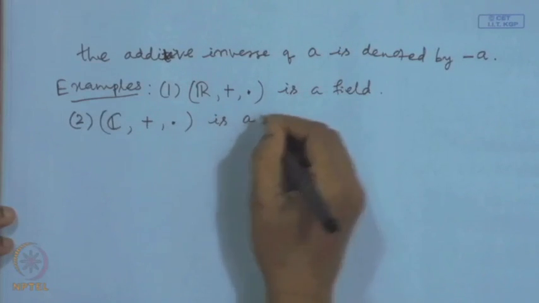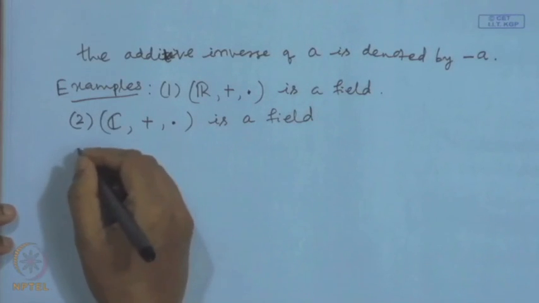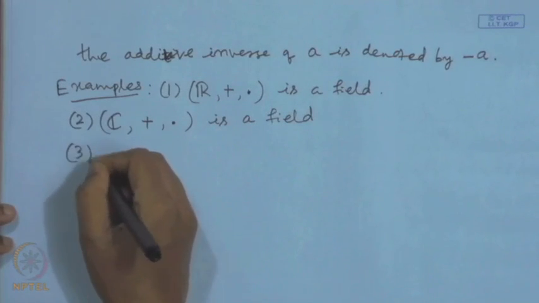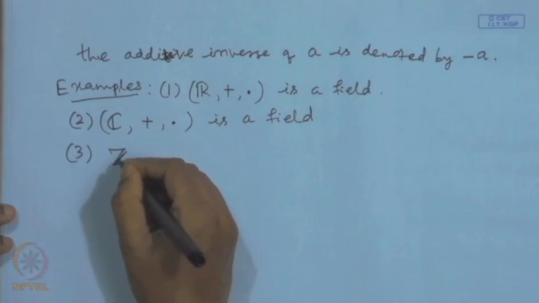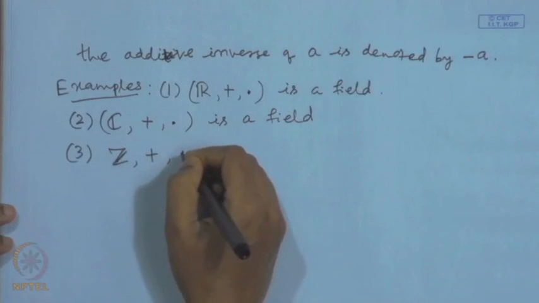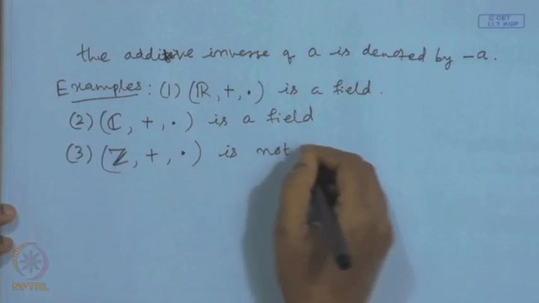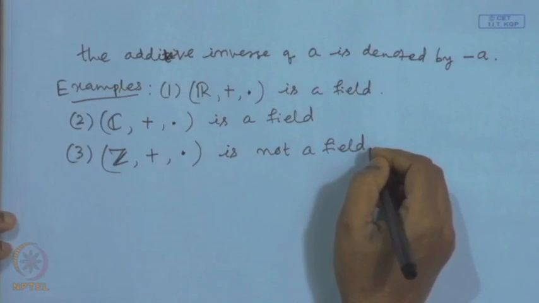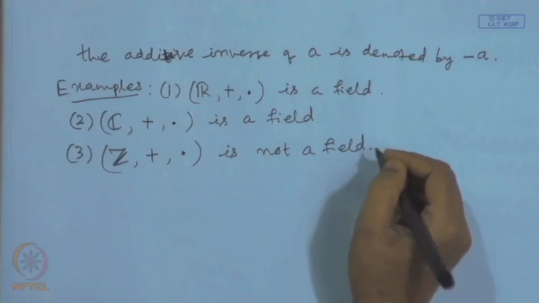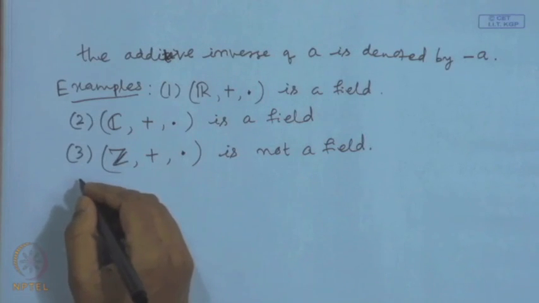This is also a field. We will see another example, the set of all integers with respect to addition and multiplication. This is not a field, because we will not get multiplicative inverse of elements in Z.